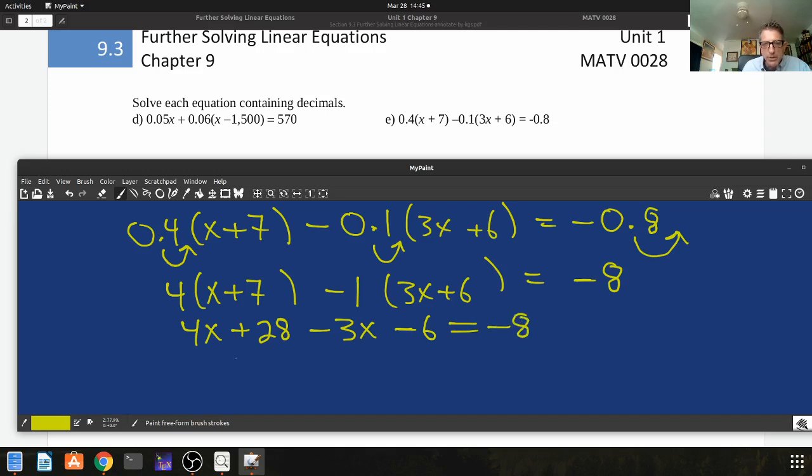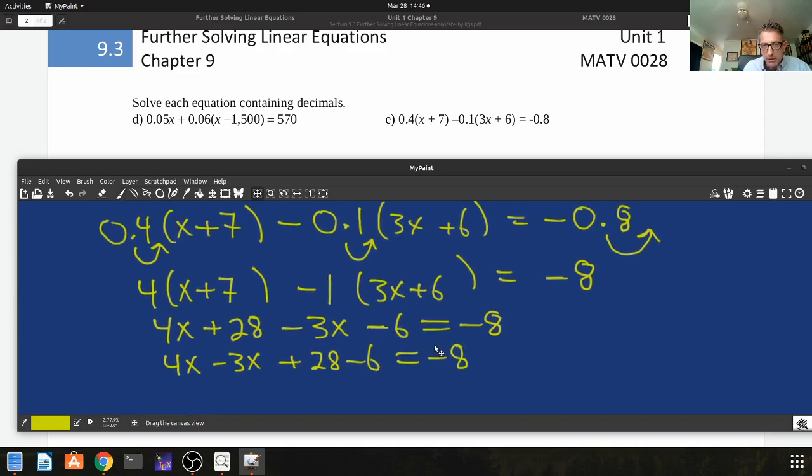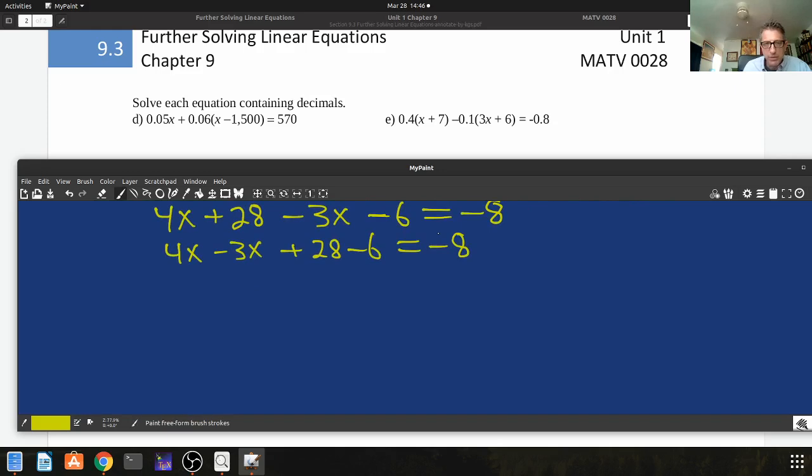So again, let's collect like terms. I get a 4x minus 3x plus 28 minus 6. I think it's helpful to collect and simplify before I move anything across the equal sign.